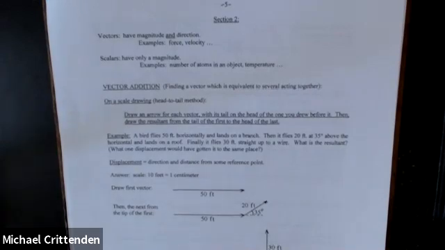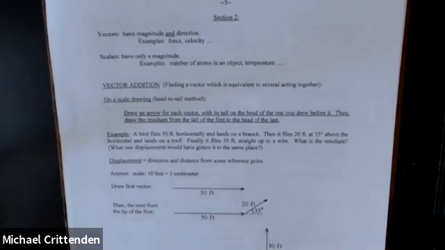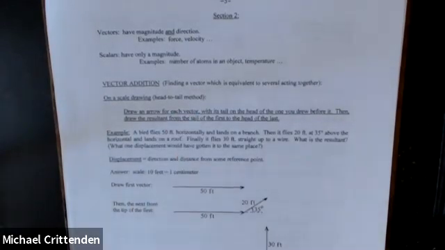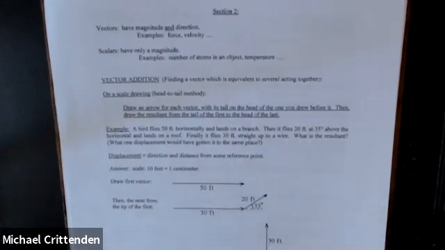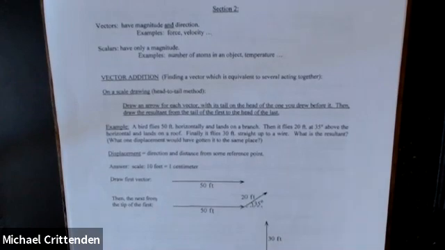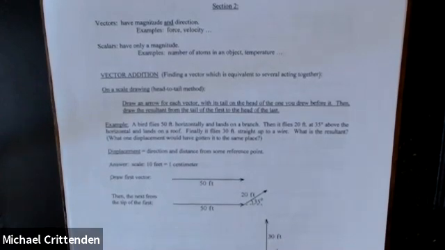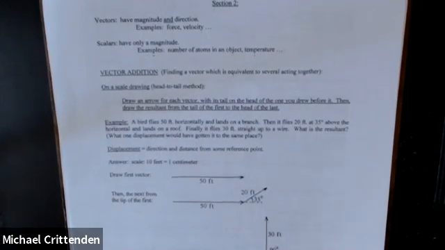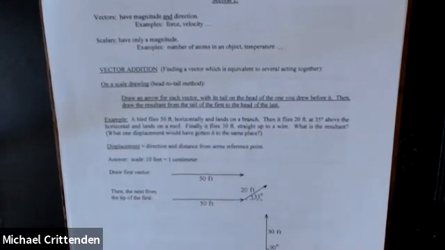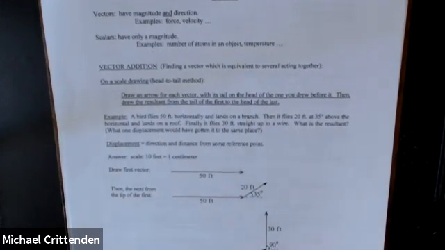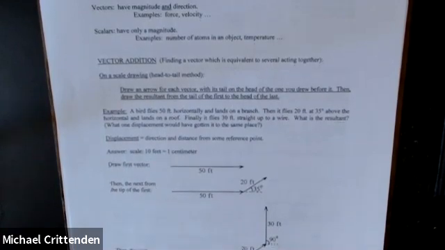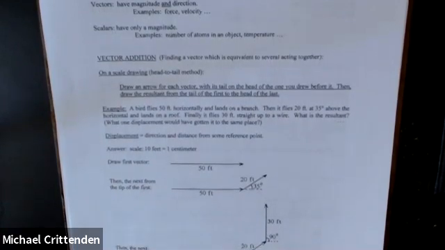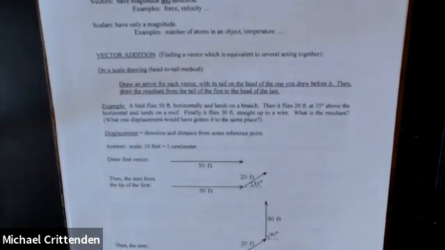We call them scalars. Anytime you count something, the number of atoms in an object or the number of eggs in a carton, that's just a number, and that's all there is to it. Temperature. If it's 71 degrees Fahrenheit in this room, it's not like 71 degrees toward the east is different than 71 degrees toward the north.